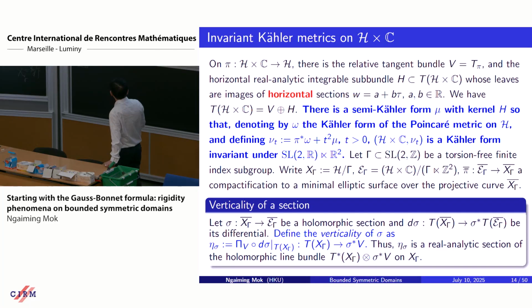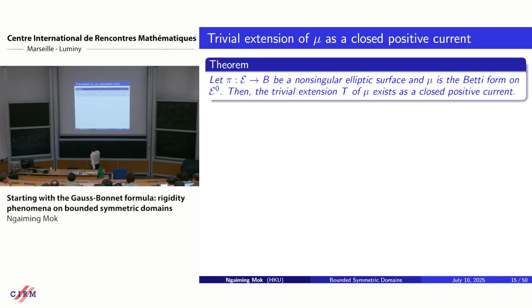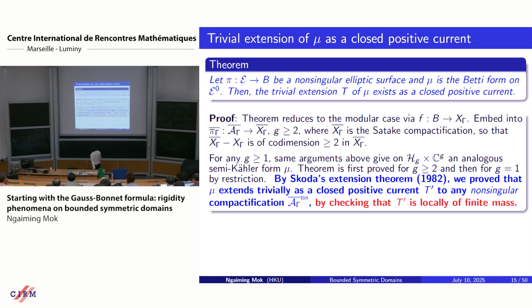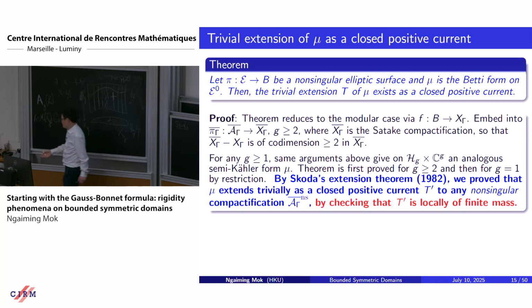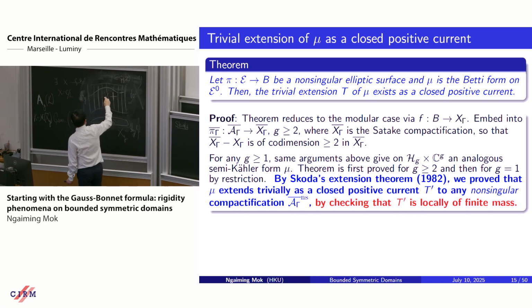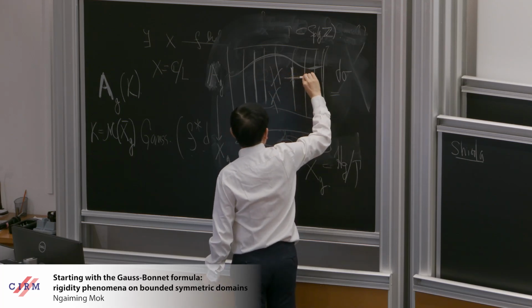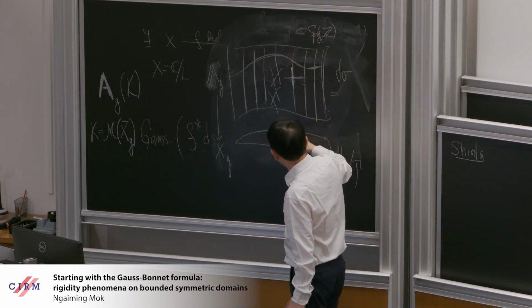Now, how does one do it? There are two different ways to do it. Now, here, this is the mu. Mu is the form whose restriction to these horizontal sections is equal to 0. If you look at this metric and restrict to this, of course, I get a Kähler metric, but this is coming from the base.